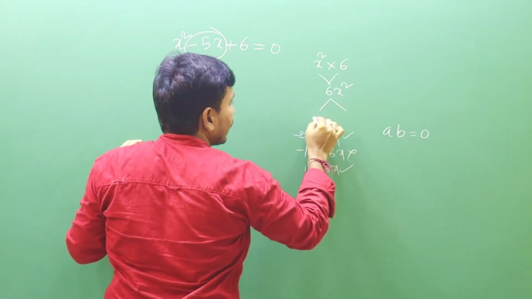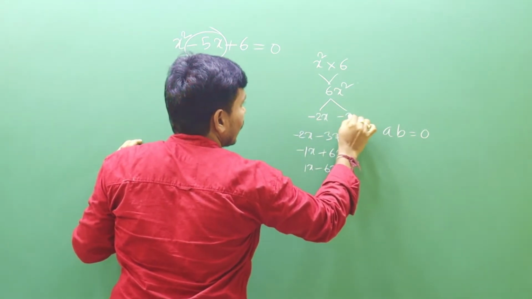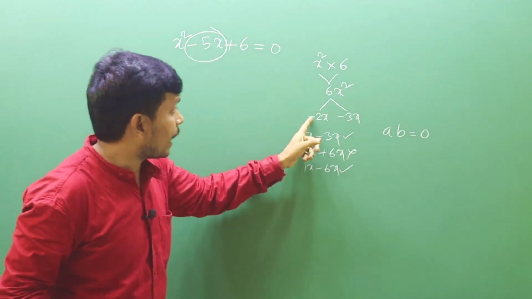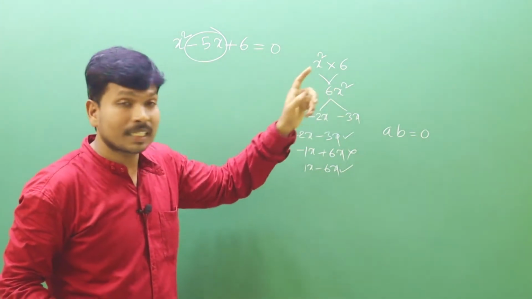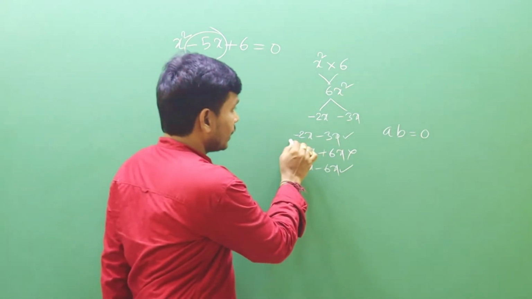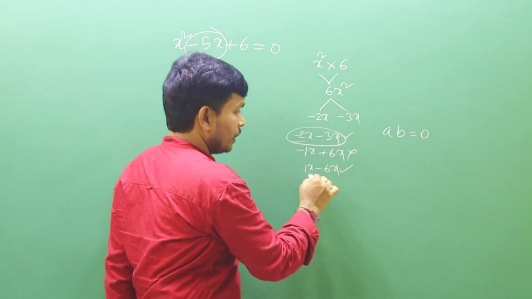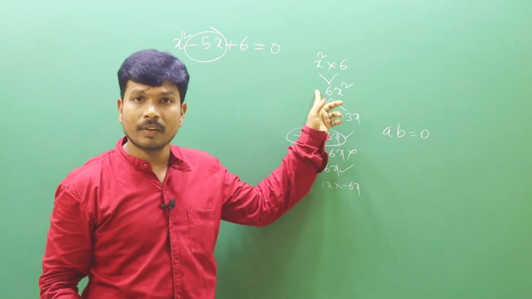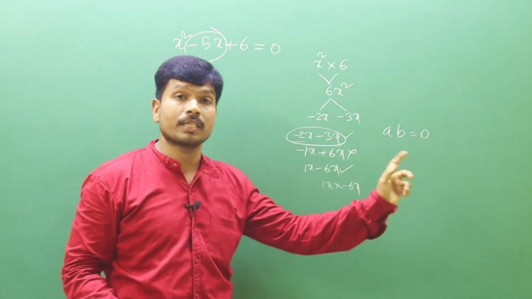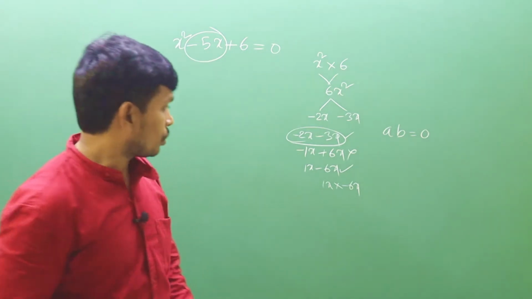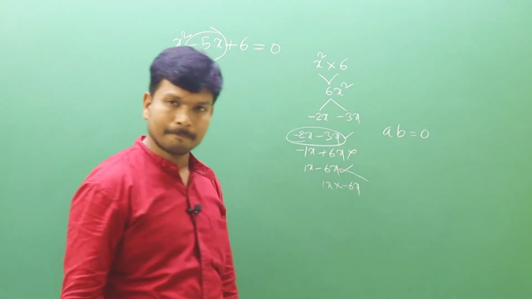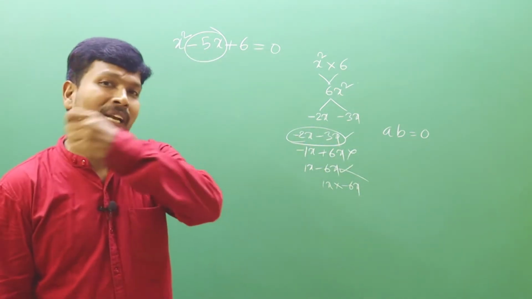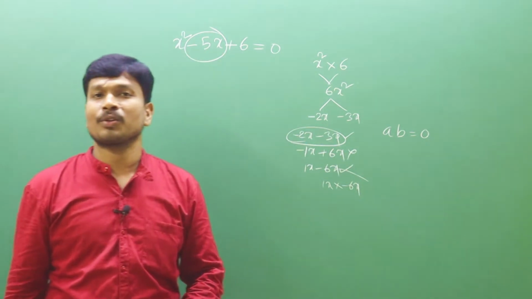Now you split it into two terms whose sum is the middle term and whose product is 6x square. Take 1x into minus 6x. Will you get 6x square? No, its value is minus 6x square. So that's why this should not be taken. Definitely you will get a unique splitting only.